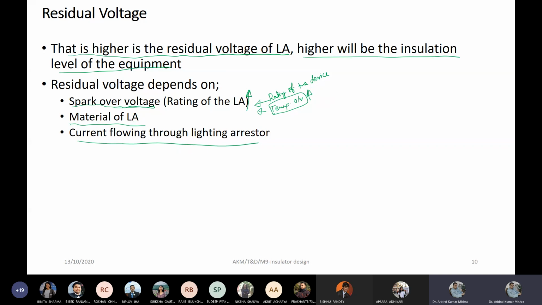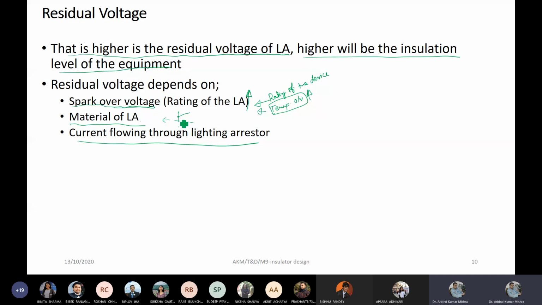One is material characteristics. As you have seen, there are materials which can be a nonlinear resistance, but the higher the current, the more the voltage exceeds. So our aim was this much voltage, but with increase in the voltage, if the current passing through the lightning arrestor exceeds, then this voltage may go up.